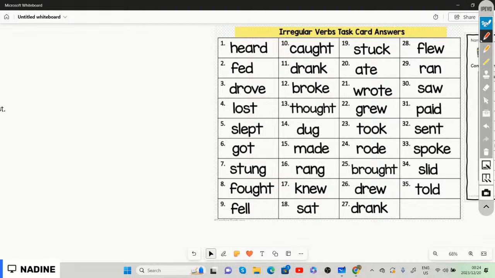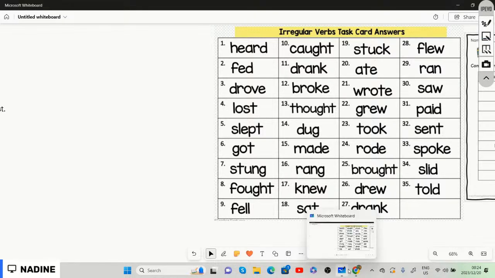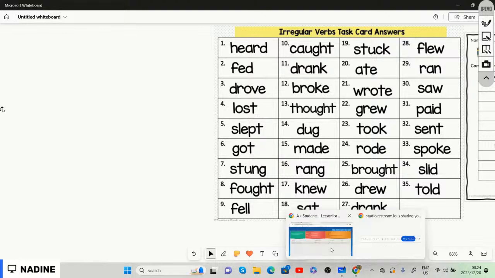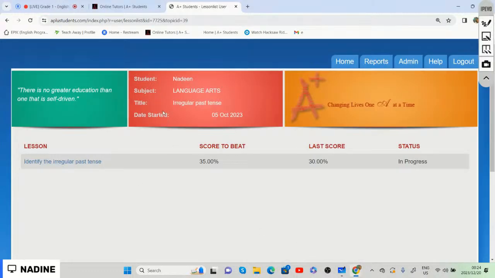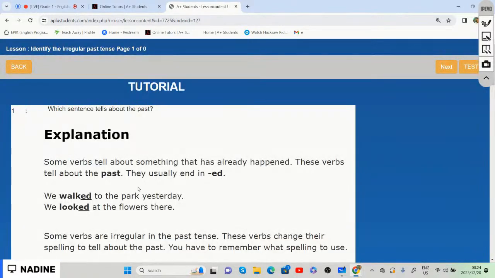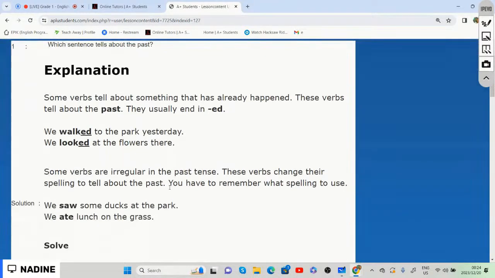All right, so now we're going to our tutorial lesson, which is on aplusstudents.ca. And our chapter is irregular past tense. And the lesson that we are doing today is to identify the irregular past tense. And we already see that some verbs tell about something that has already happened, right?